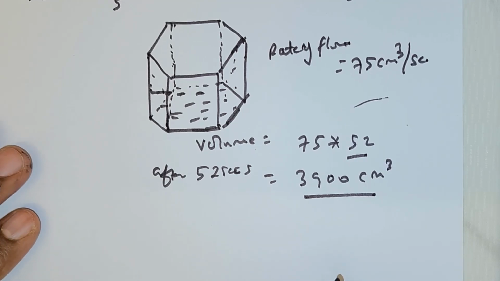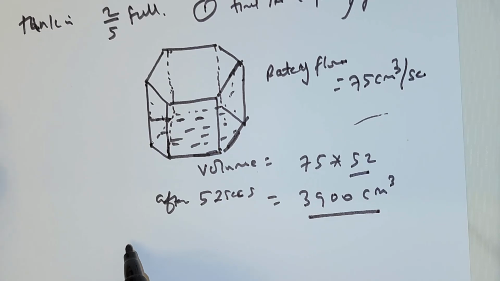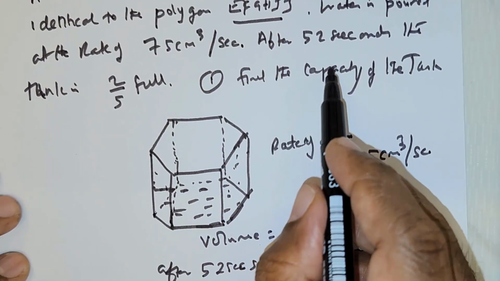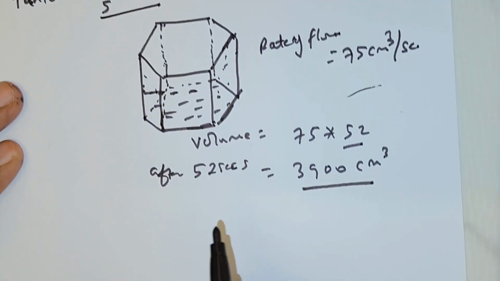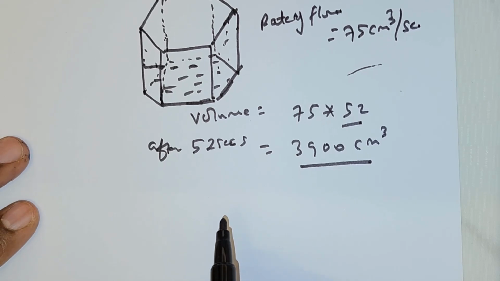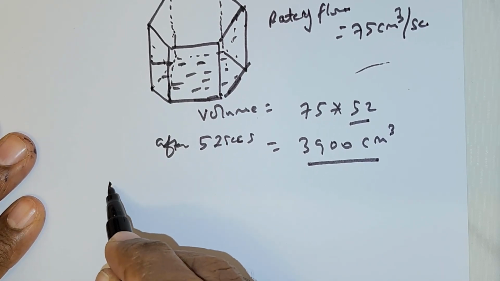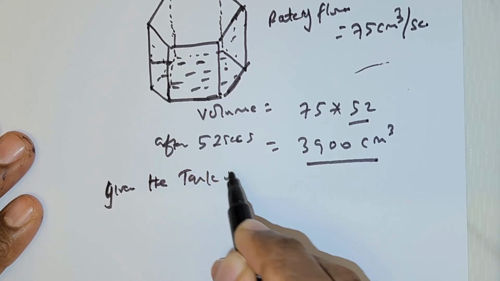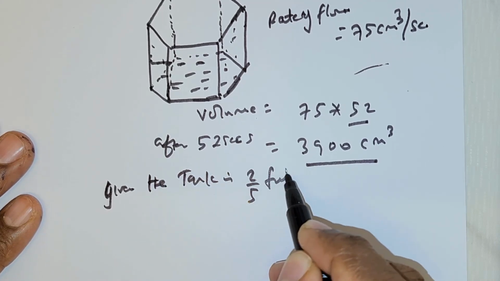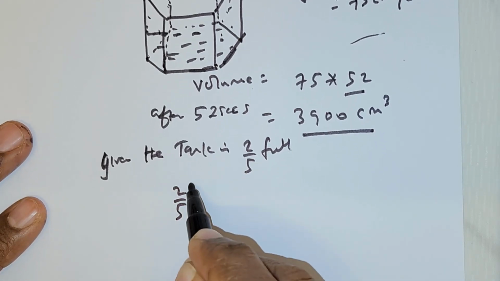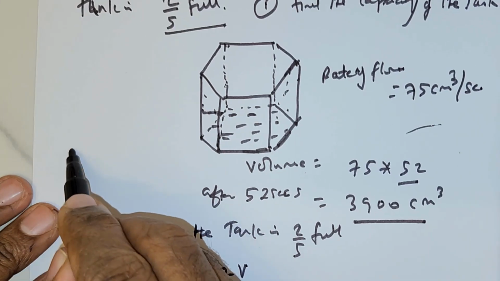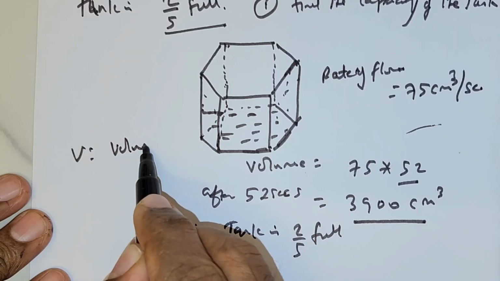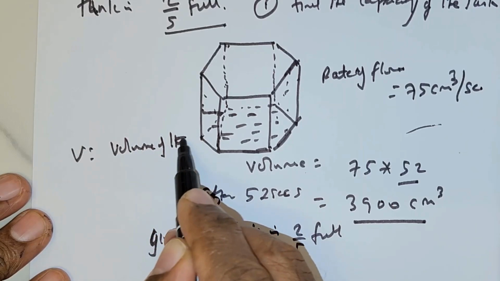Right? Now what we are given is that the tank is 2/5 full. So 2/5 of V, where V is the volume of the tank.